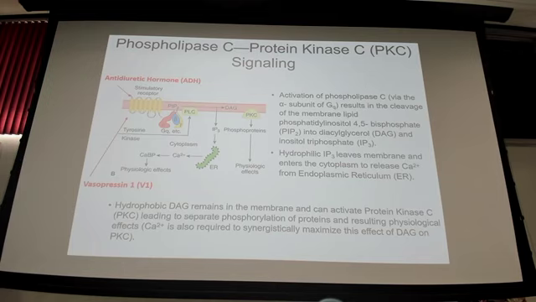That IP3 will then enter the cytosol to cause calcium release from the endoplasmic reticulum and subsequent physiological effects. Also, that DAG will activate protein kinase C to cause a set of physiological effects. So, great job. Any other questions?